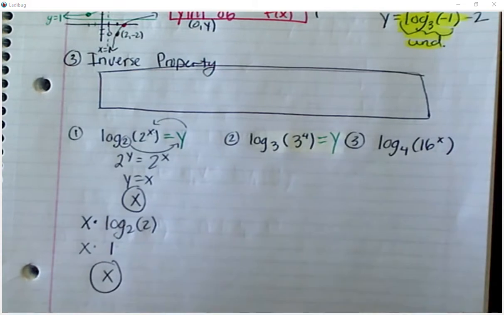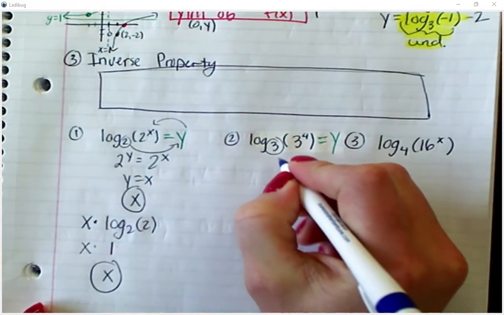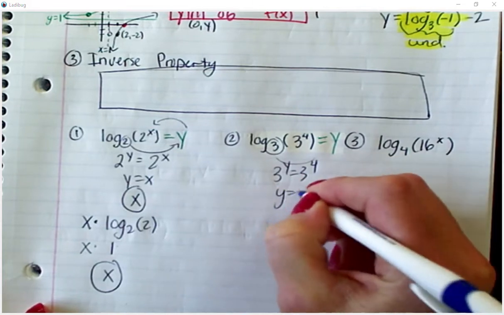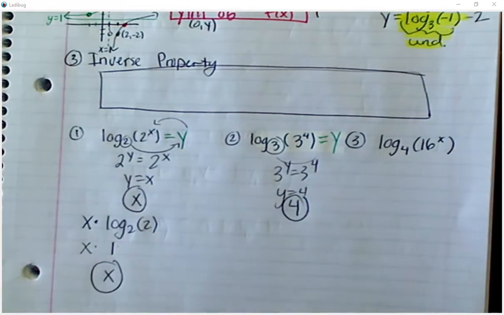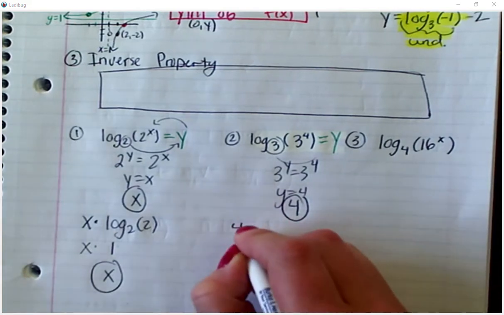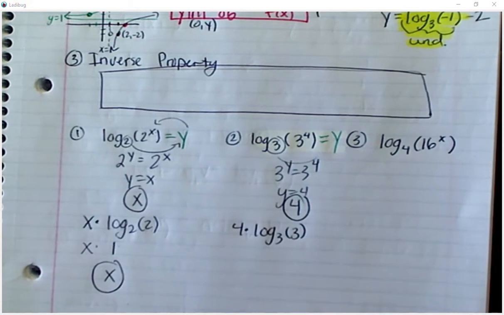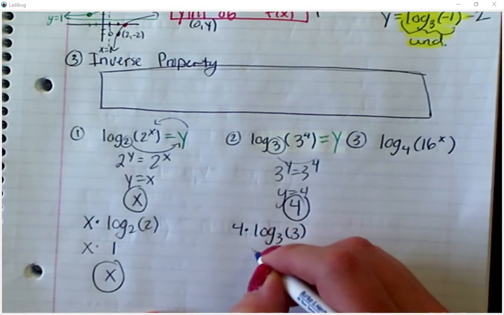Let's put a Y. So you're like, all right. Circle my base. 3 to the y equals 3 to the 4. So y equals 4. So 4. Okay. Exponent comes in front. Right? Exponent can come in front. And log base 3 of 3 is 1.